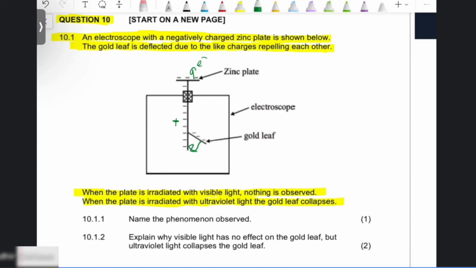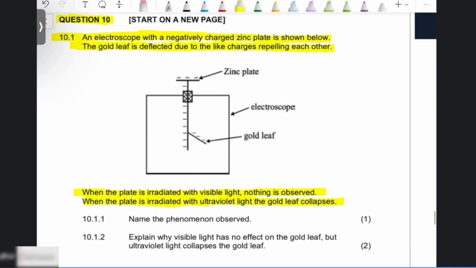It collapses because it wants to reach equilibrium again, and have the same amount of electrons throughout. So basically this will just collapse, and then it will start the process again. Let's go through it again. If an electron escapes, then this side will be a little bit more positively charged, and then this will collapse so they can reach equilibrium again, and that's the way it would work.